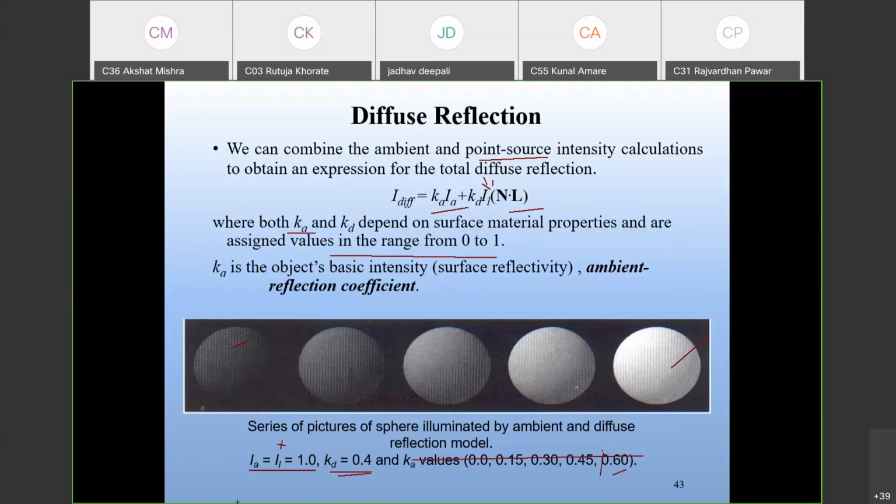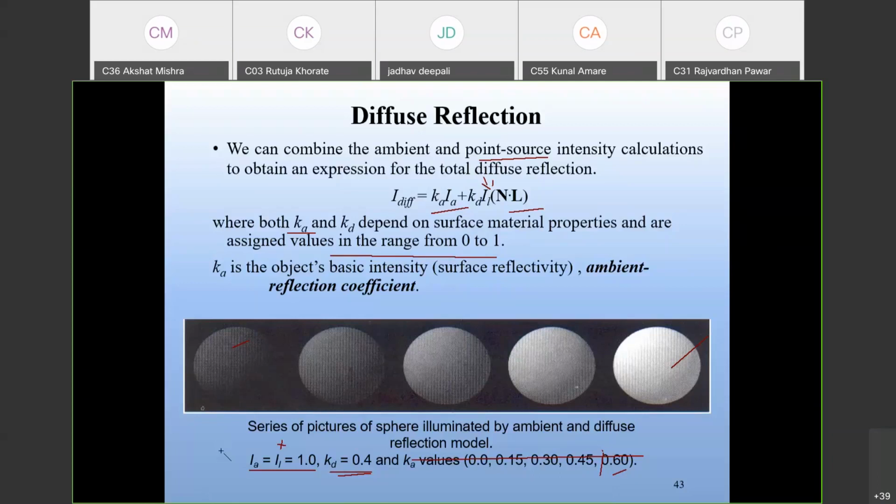In this way, all these things affect the total diffuse reflection, or the calculation of the intensity. When we calculate the intensity for ambient light, the ambient light and the ambient reflection coefficient are used.